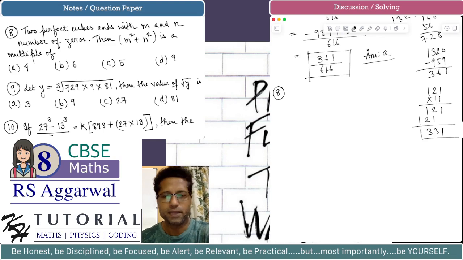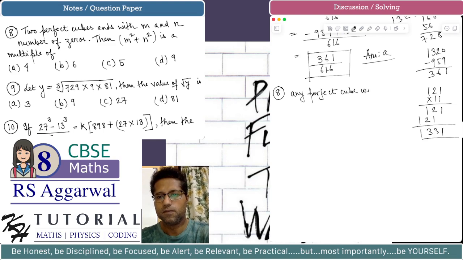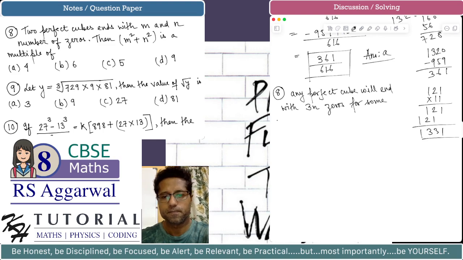Now the concept is that any perfect cube will end with 3n zeros, where n is a natural number.